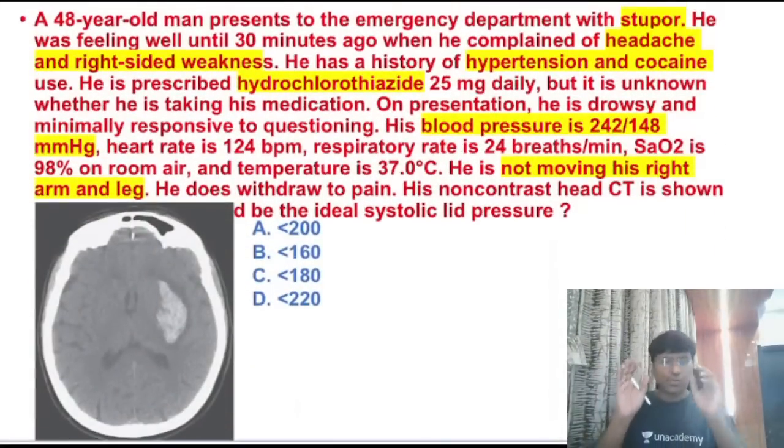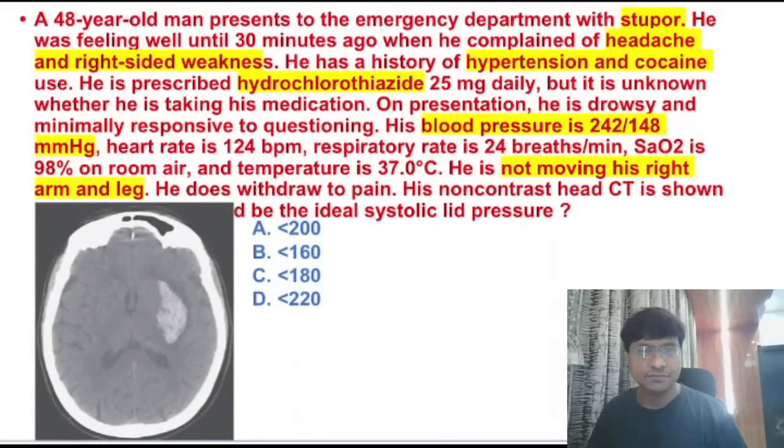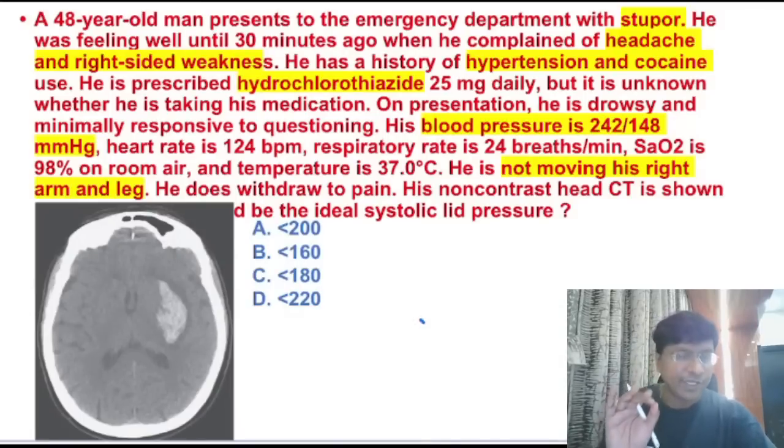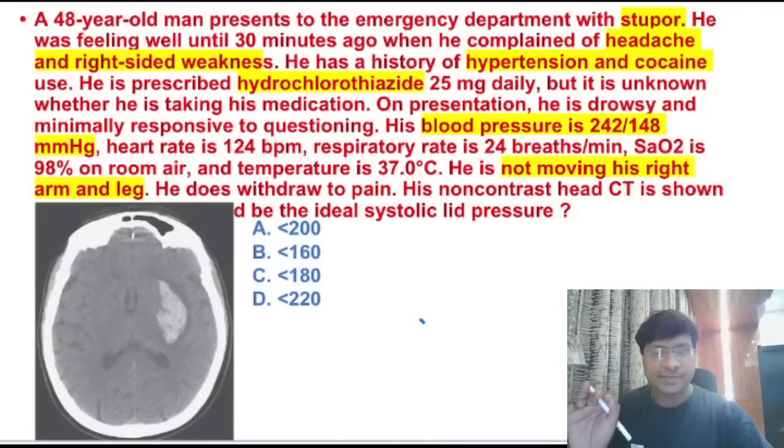Okay, this is one of the very, very important questions in the clinical practice also, not only from the exam point of view. Even in the clinical practice, how you will manage this patient is very, very important. Let me tell you what exactly is the scenario of this patient. So the patient is a 48-year-old man who presents to the emergency department with stupor. Right? What is stupor?